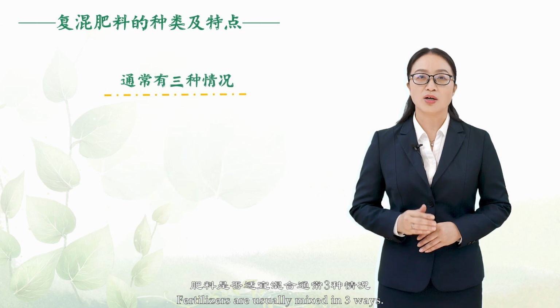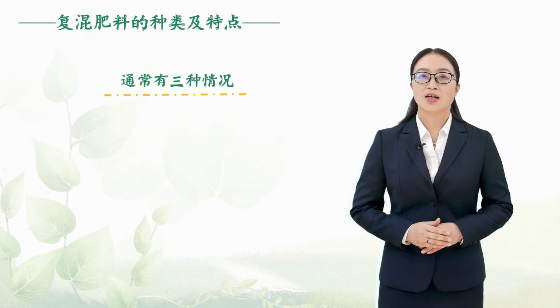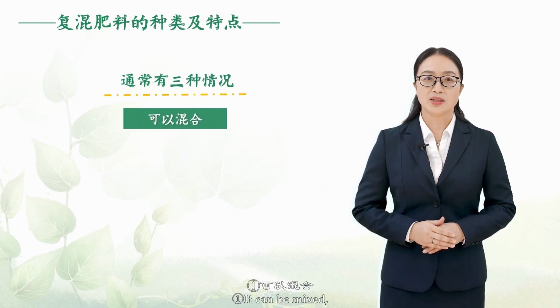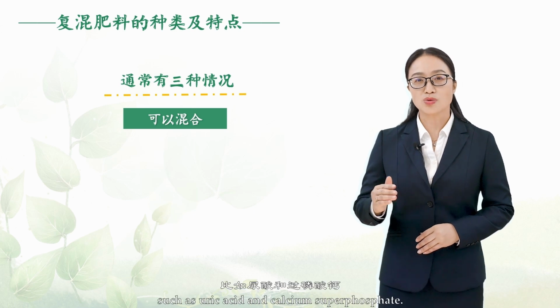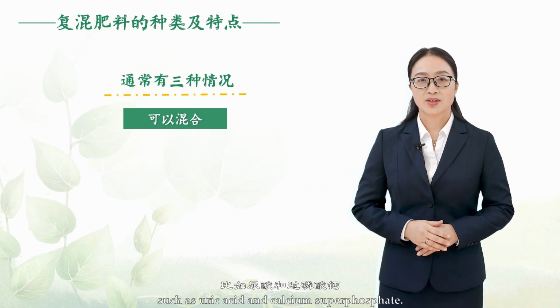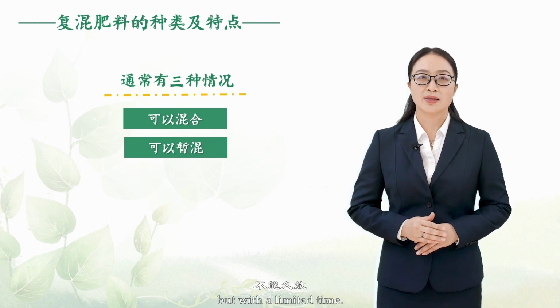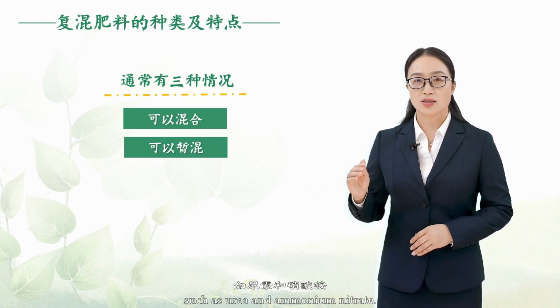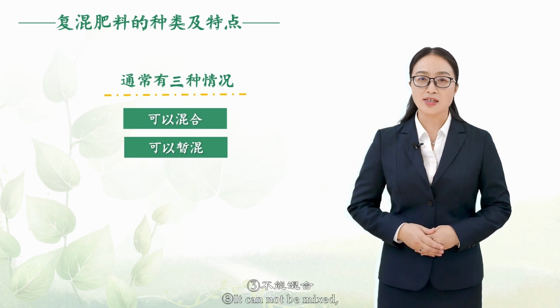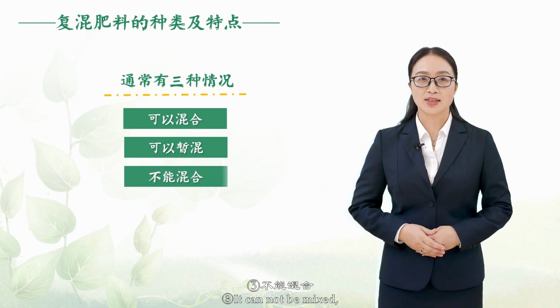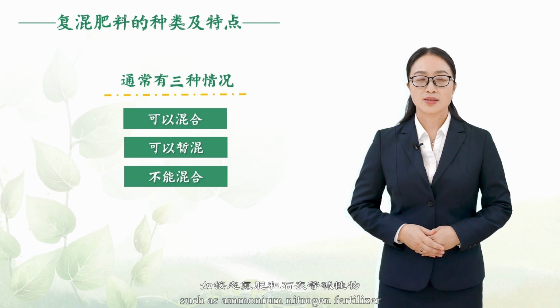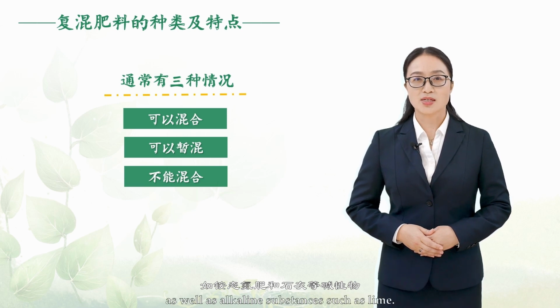Fertilizers are usually mixed in three ways. 1. It can be mixed, such as urea and calcium superphosphate. 2. It can be temporarily mixed but with a limited time, such as urea and ammonium nitrate. 3. It cannot be mixed, such as ammonium nitrogen fertilizer with alkaline substances such as lime.